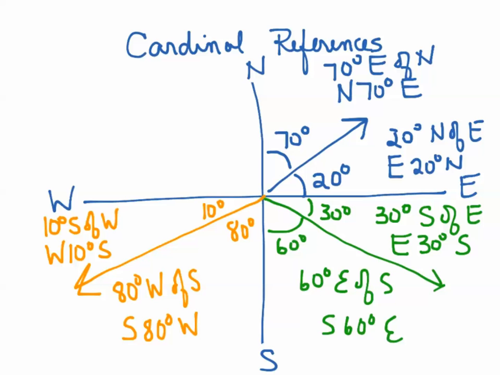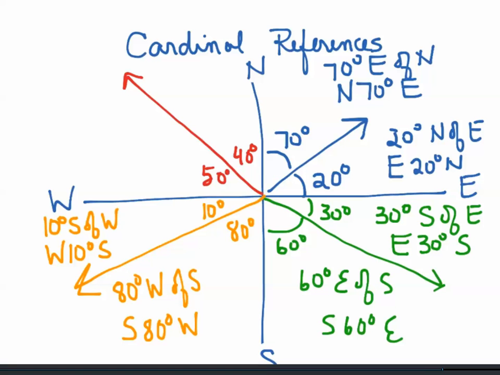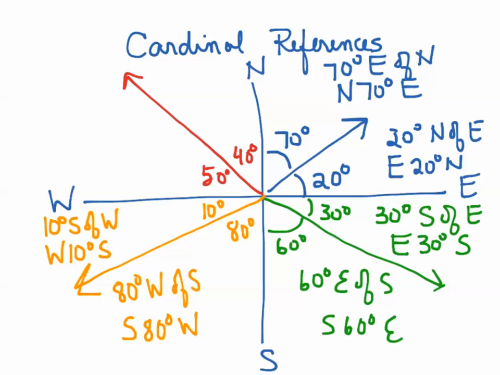Finally, we're going to do a vector in the second quadrant, so between north and west, and let's use 40 degrees and 50 degrees. So our vector in that quadrant can be said to be 40 degrees west of north, or north 40 degrees west.